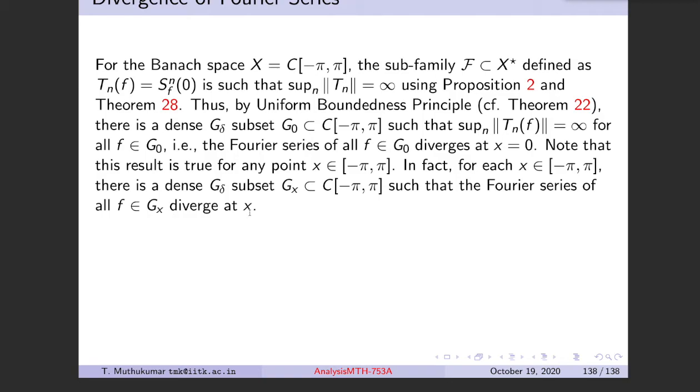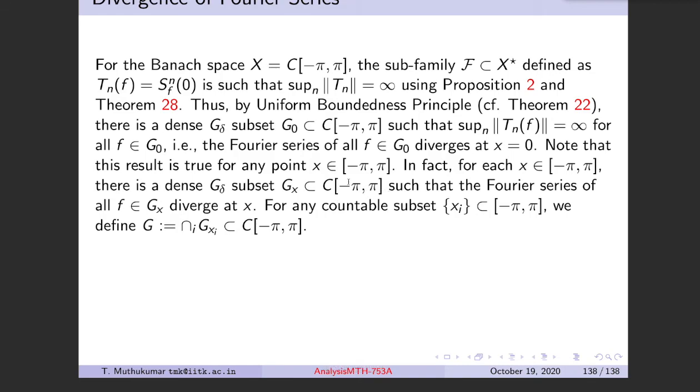Just for understanding, let's take a countable subset of minus pi to pi, and call the elements of that set xi. Then you define your G to be the intersection of the Gxi. For each xi there is a G delta set Gxi, and for every function in Gxi, the Fourier series diverges at xi.